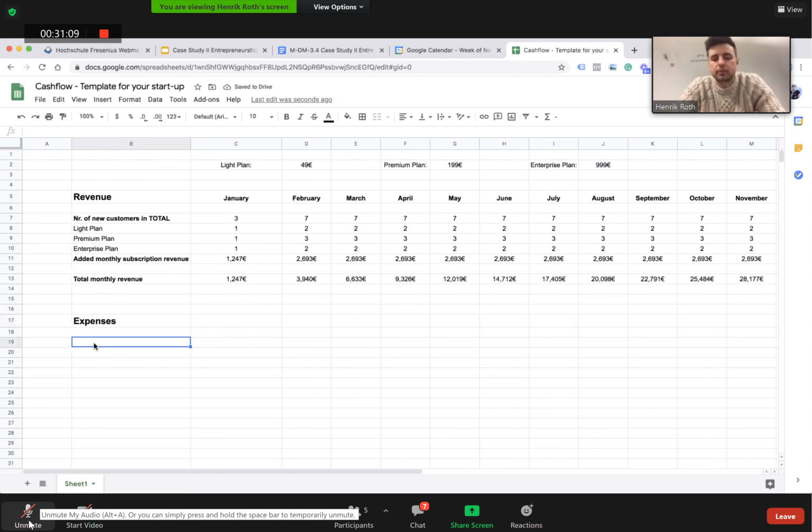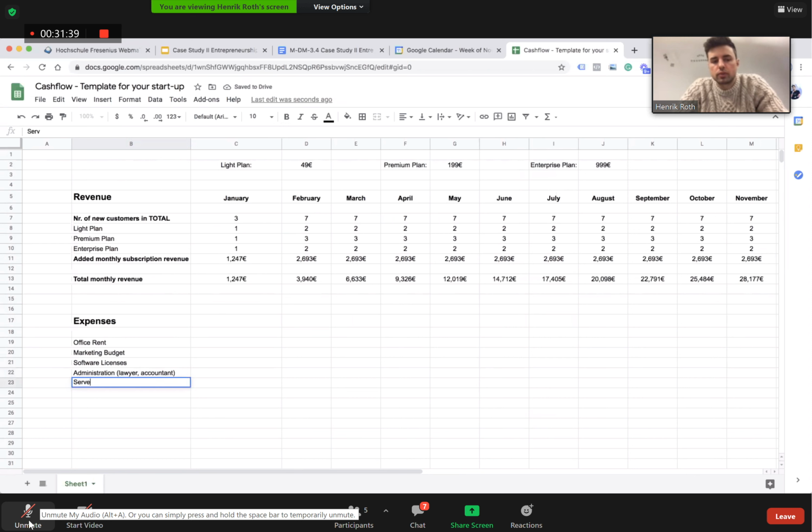So we have the office rent, we have marketing budget, we have software licenses, we have administration, like lawyers, accountant.